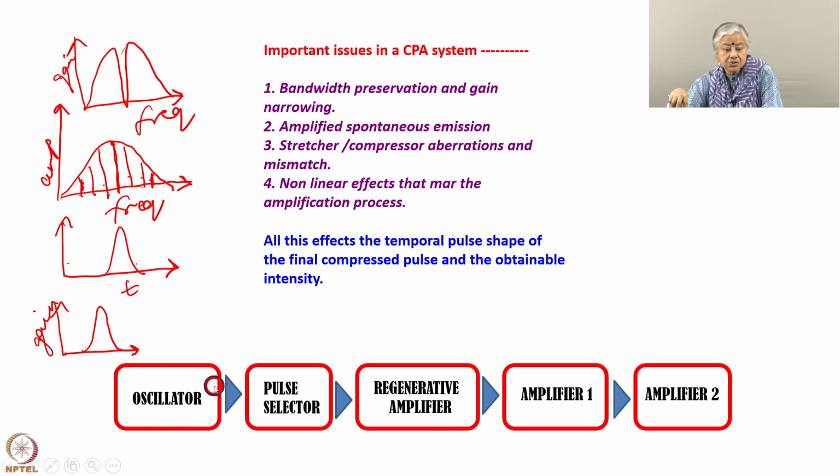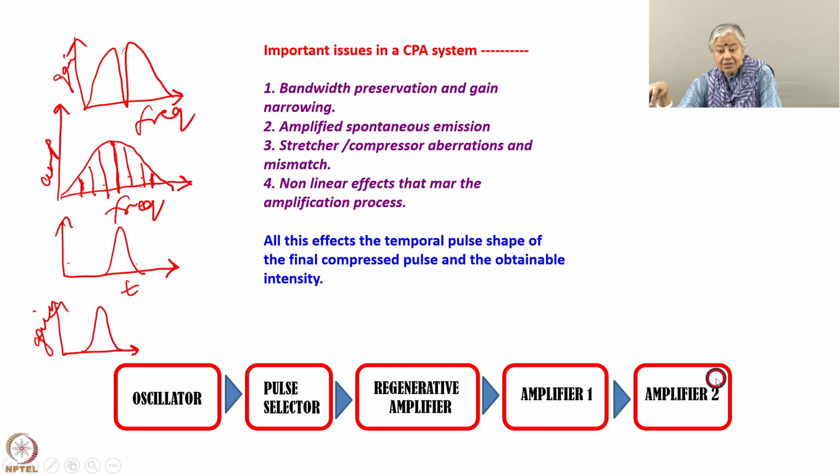So you have this oscillator pulse, you have a pulse selector, you have selected the pulse, then you go into a regenerative amplifier where you boost the energy to a large level, and then you go on adding other amplifiers which are called linear amplifiers, because there may be just one pass or two passes at the most through each of these, and it extracts energy.